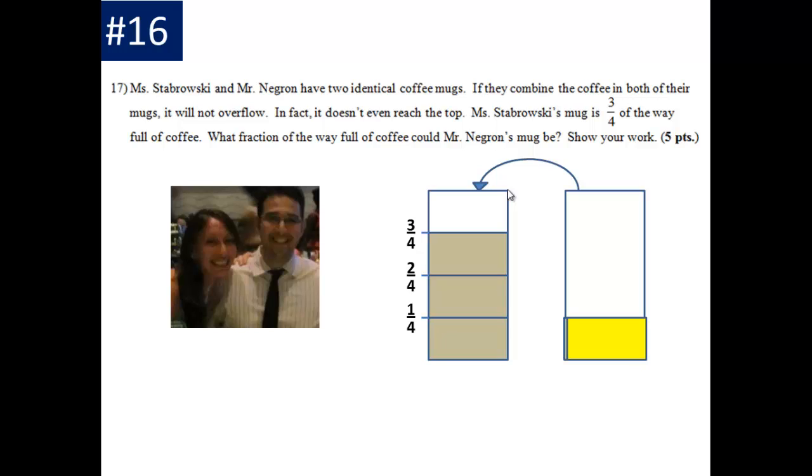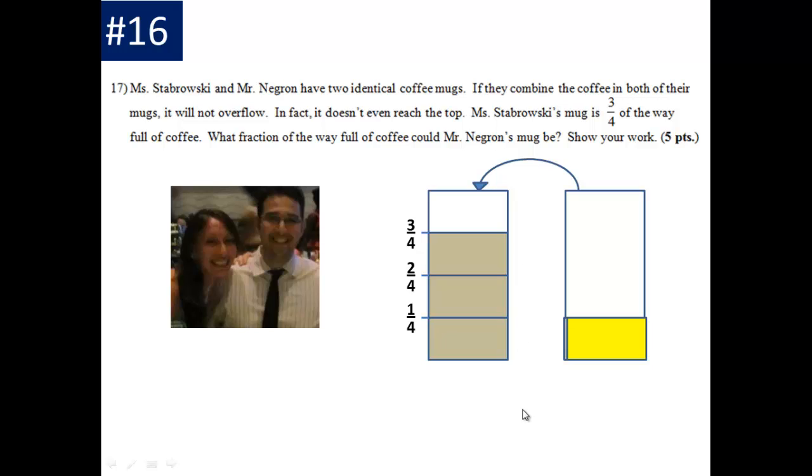So you needed something that was less than 1/4. Anything that was less than 1/4 would have been an appropriate answer. Some people put 1/5, 1/6, 1/7, 1/8. All of those fractions are perfectly fine. There were a ton of different answers, but the answer had to be less than 1/4.